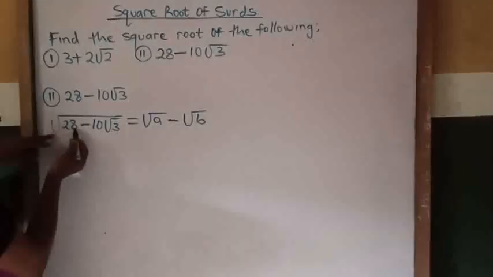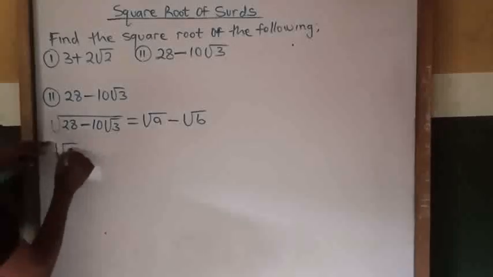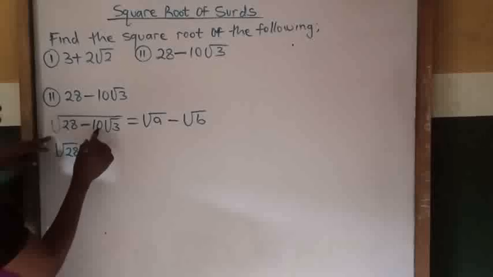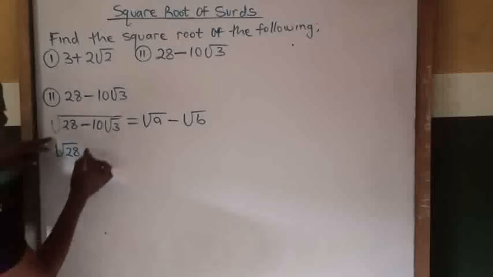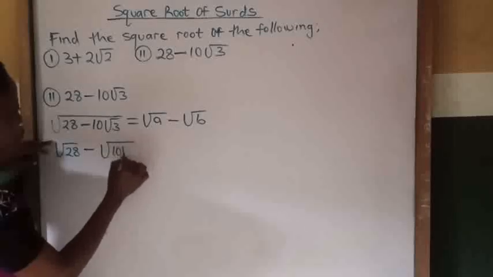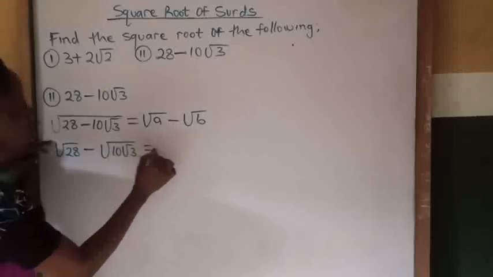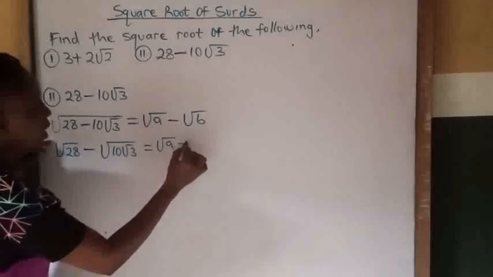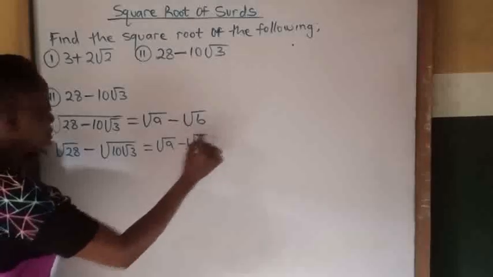So let's simplify this one further. This one will now be root 28, because root 28 and 10 root 3 are under square root, minus root 10 root 3 equals root a minus root b.